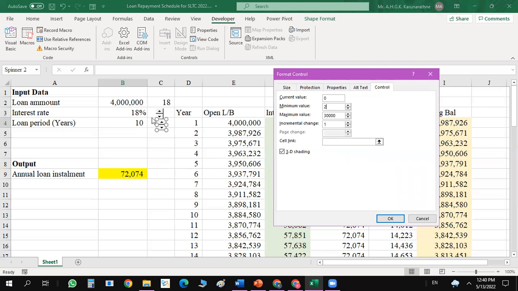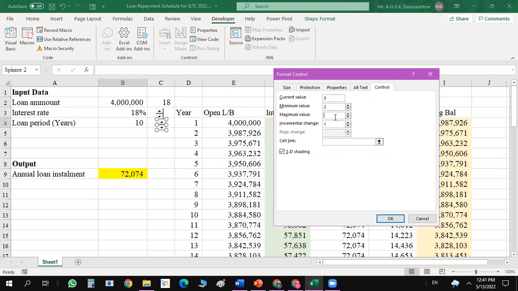Let's say, as a policy decision, for long-term loans the minimum period should be 2 years, and the maximum loan period depends on your remaining lifetime, right? As young people, you can go for even 20 years, 25 years, 30 years. But if you are an older person like your parents, on the verge of retiring, then the repayment period depends on a lot of factors: the bank's decision, the borrower's health condition, age, retirement, nature of the job, security of the job, risk of the job, a lot of things.